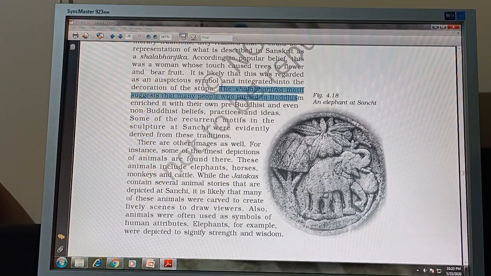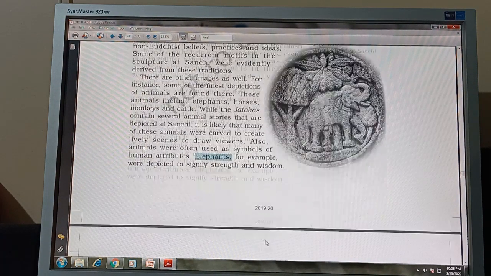And the next symbol we'll see: in some Jatakas they talk about different animals, and animals were often used as a symbol of human attributes. Like they talk about the elephant, and the elephant signifies strength and wisdom.